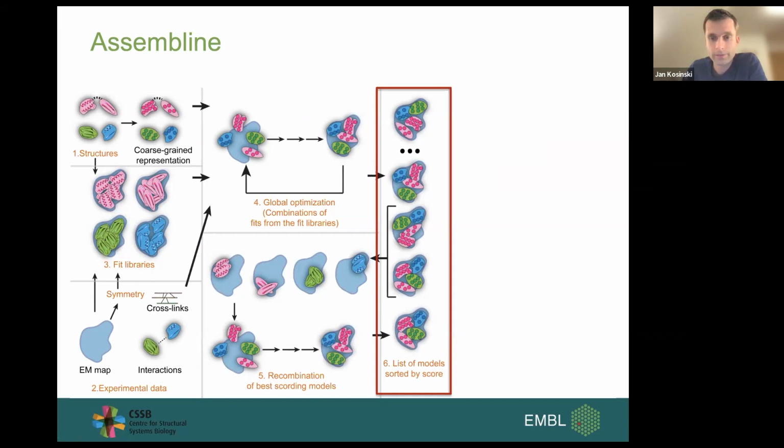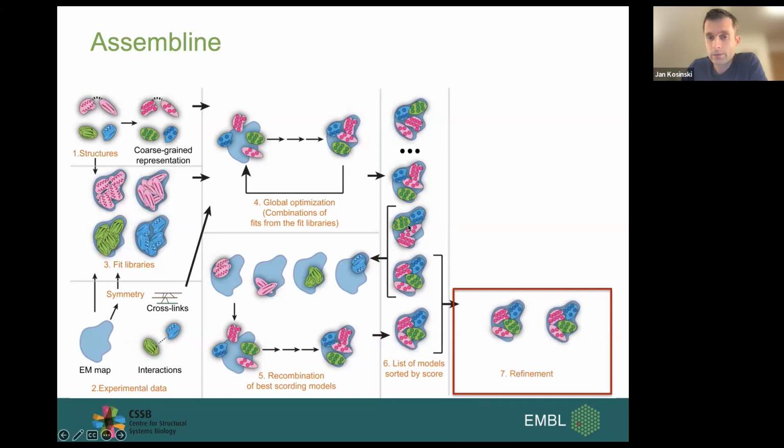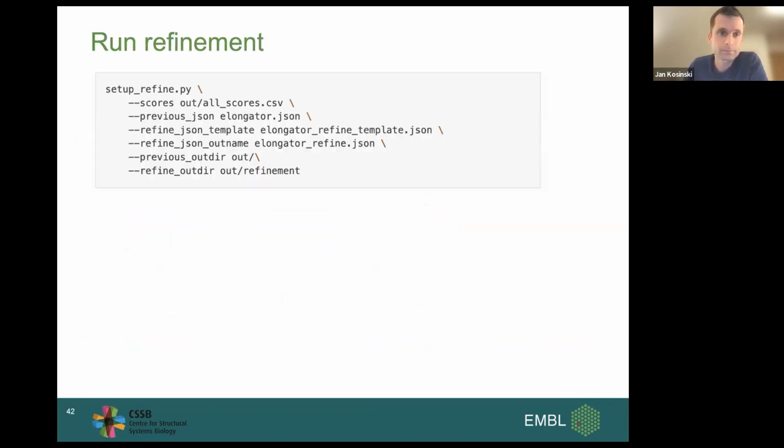And then another optional step is the refinement, in which we take top models and now optimize the structures within the map without using the fit libraries, but moving the structures continuously in the map, and every time you move a structure, recalculating the fit. And also there is some support for flexibility of the proteins in this step. Running the refinement is a bit more complicated.